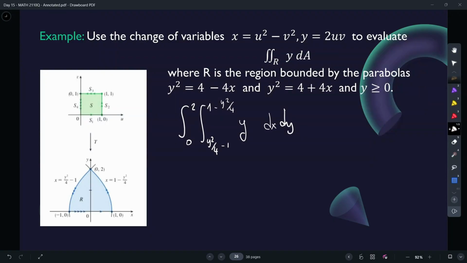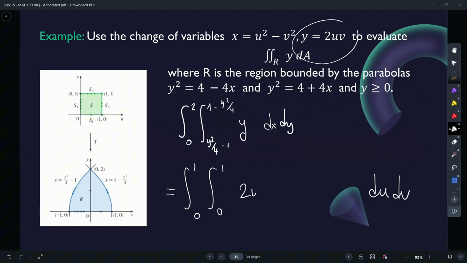So now I'm going to transform this to u and v. The region is very easy, so I can just go from 0 to 1, 0 to 1, in any order. By Fubini, I'm able to change the order if that were convenient. The function y is 2uv, so I have to transform the function into u and v.